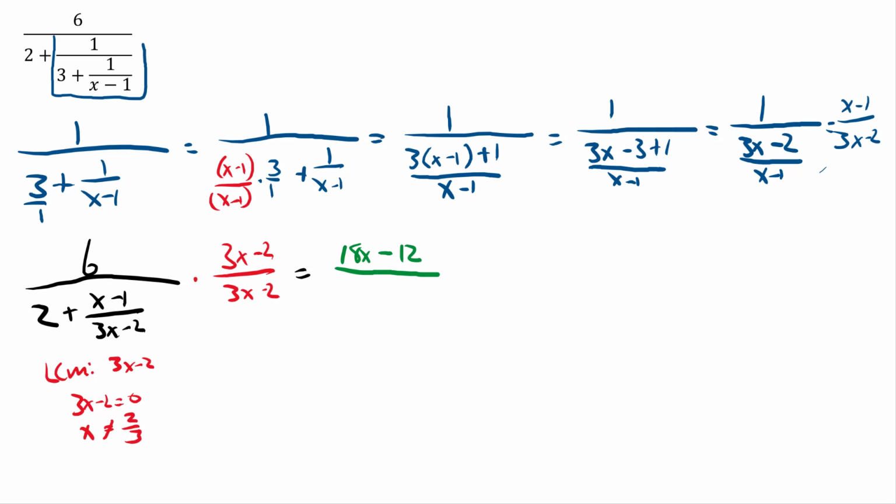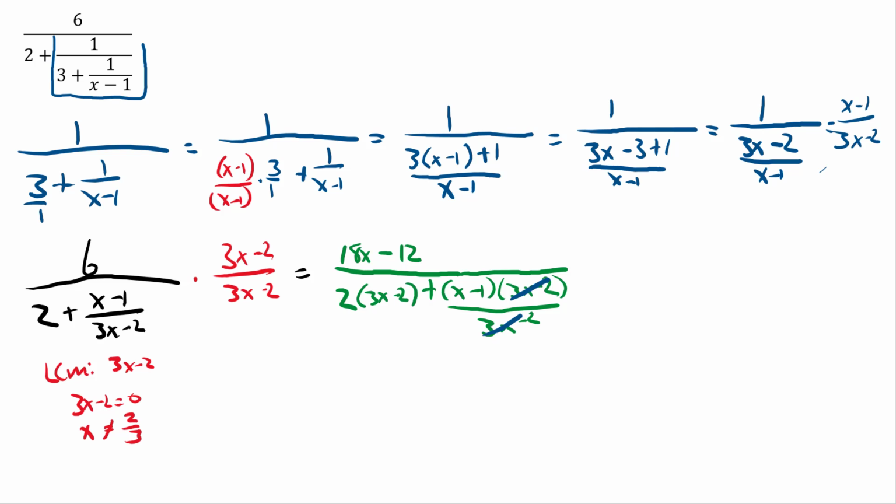And on the bottom, for the denominator, we should get 2 times 3x minus 2 plus x minus 1 times 3x minus 2, all over 3x minus 2. Now you should see that this 3x minus 2 cancels out.